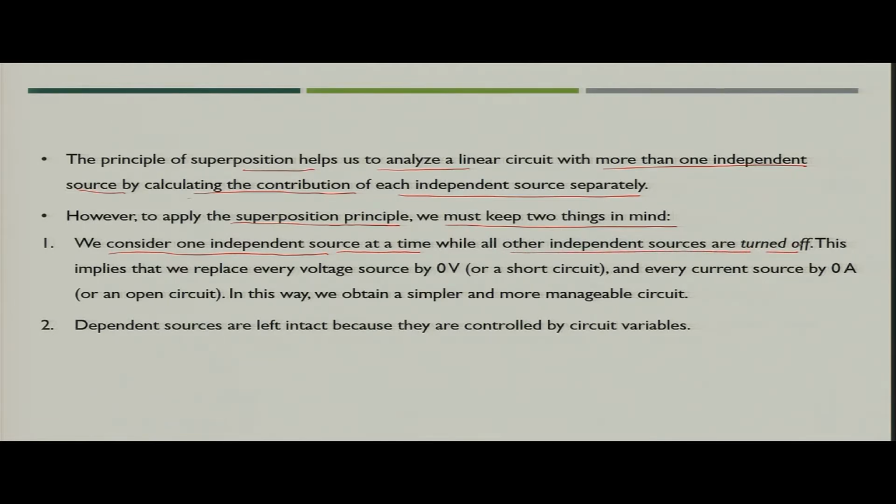So, turned off means what? In the case of a voltage source, it will be short circuited, and in the case of a current source, it will be open circuited. So, if you have multiple voltage and current sources in the network, you will take one source at a time, and the other sources would be short circuited if they are voltage sources, and open circuited if they are current sources.